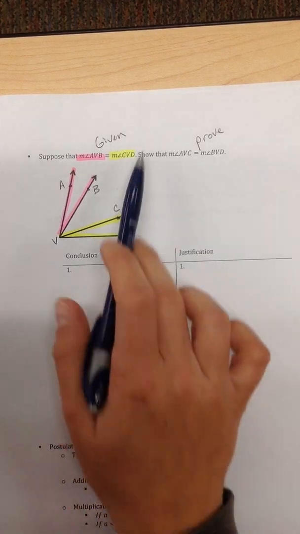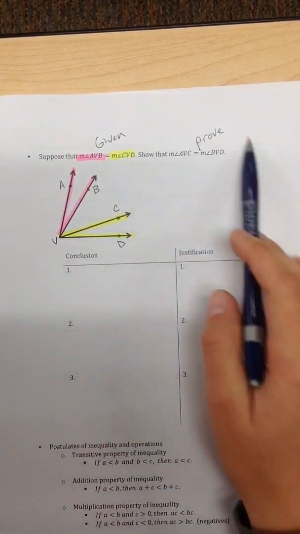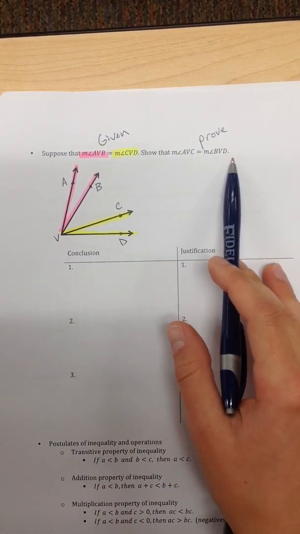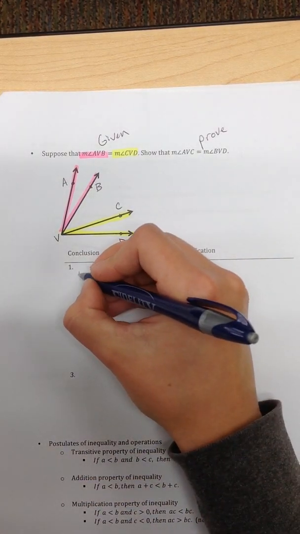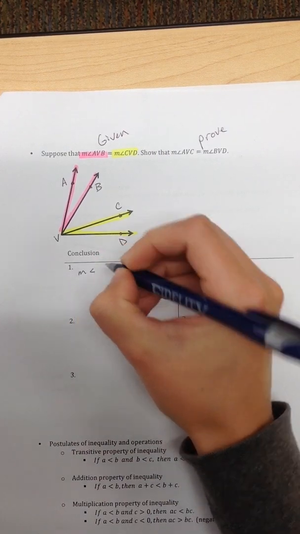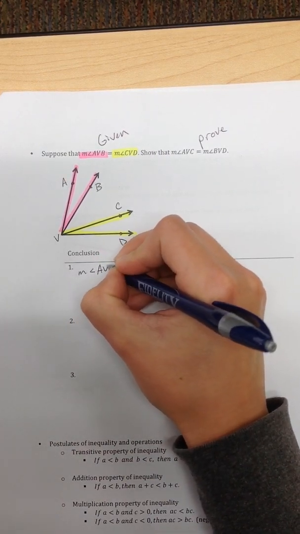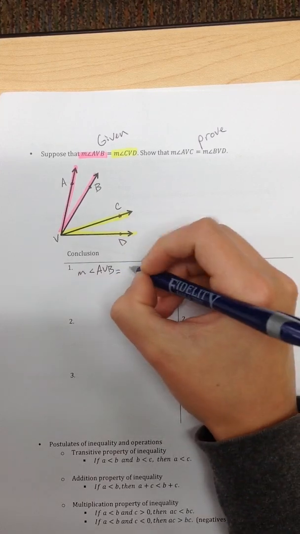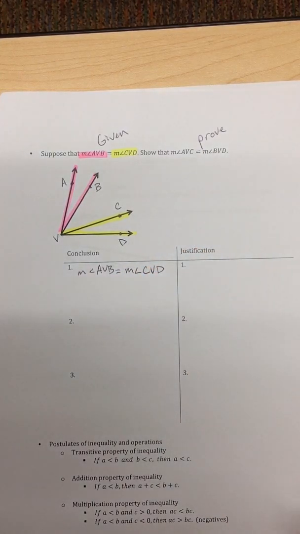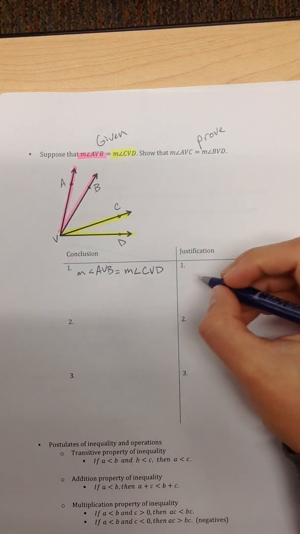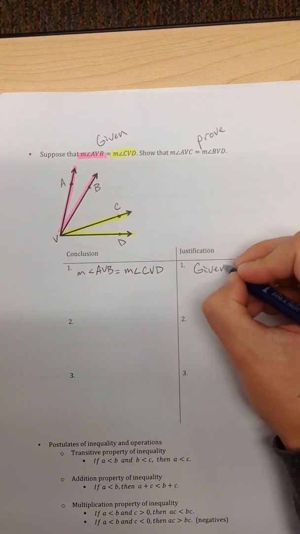Like we did before, we're going to start with the given. So the given is the measure of angle AVB is equal to the measure of angle CVD. We got that information because it was given to us in the problem.